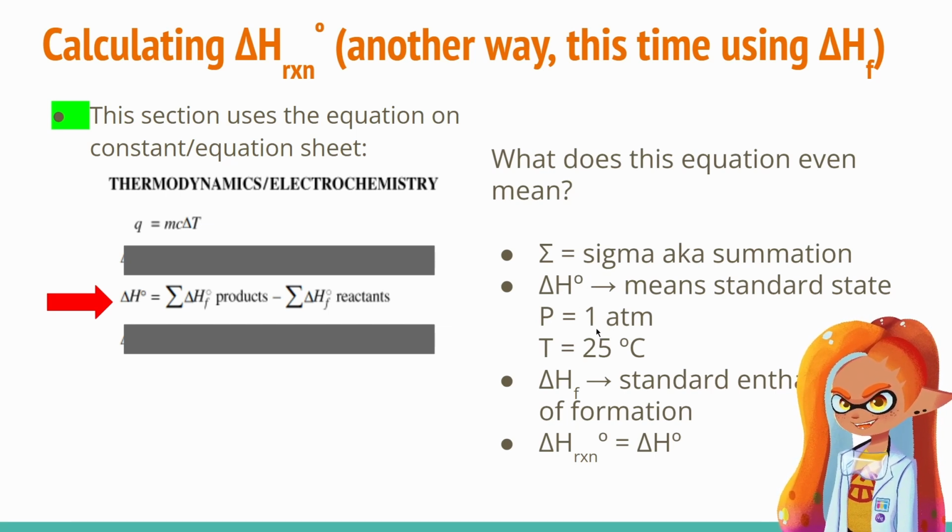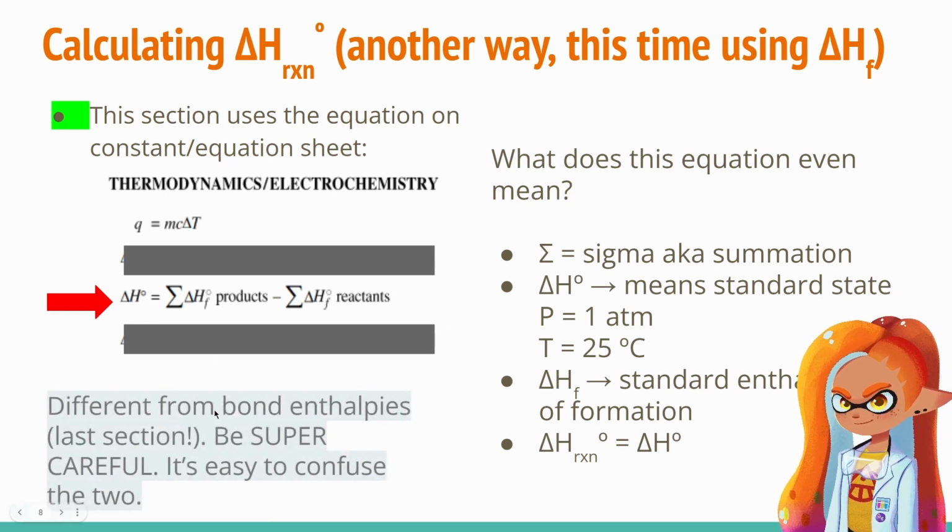Standard state, again, is 1 atmosphere and room temp. And then the delta HF is, again, heat of formation. And since it has the degree symbol, it's the standard state. And then reaction, it's the same thing if I wrote both. Whatever. So, this is what we're using for 6.8.